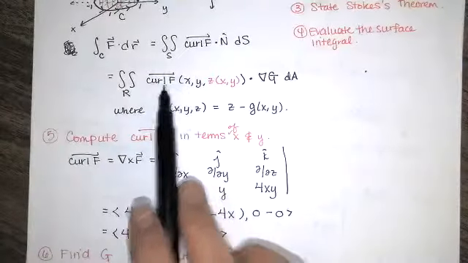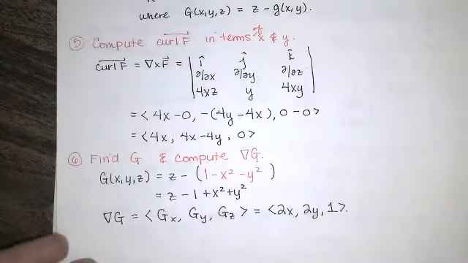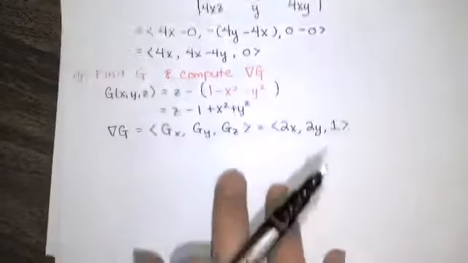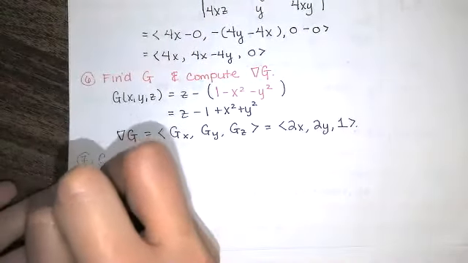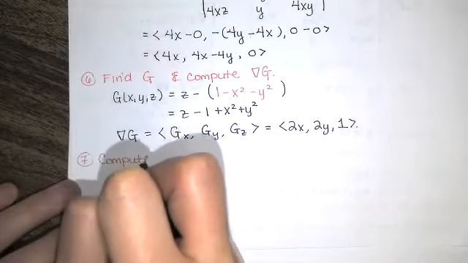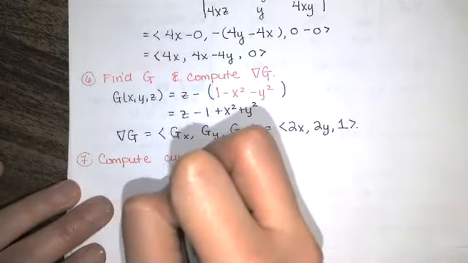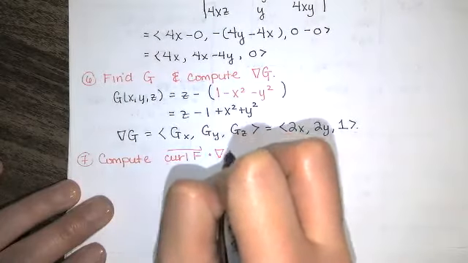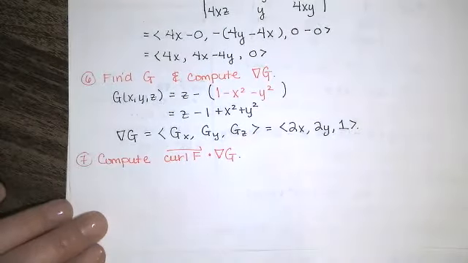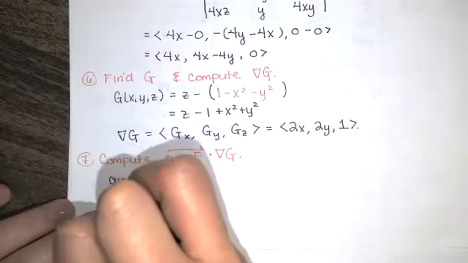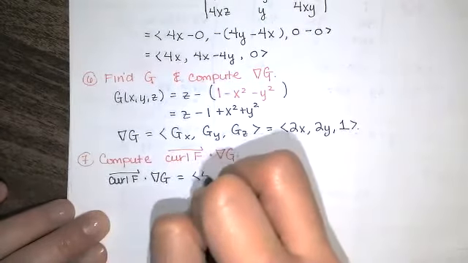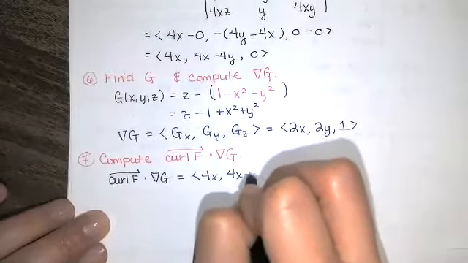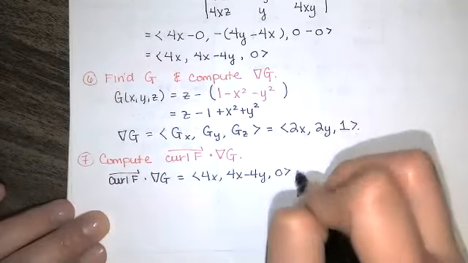Now we just need a dot product of the curl with that gradient. That's our new integrand. So I've got 4x times i hat and 4x minus 4y times j hat, 0 times k hat.